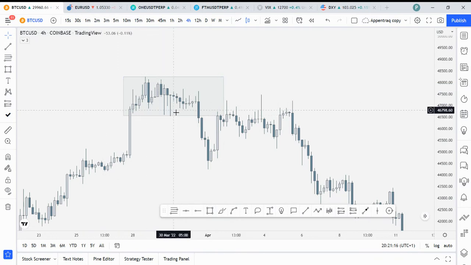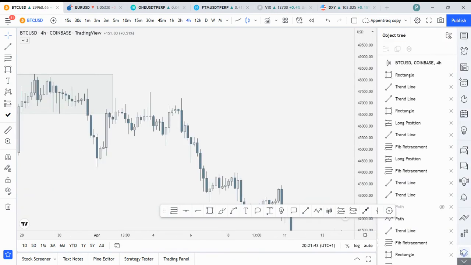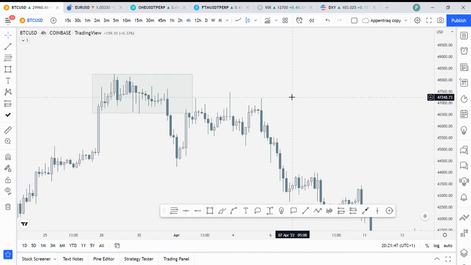You can see that price was ranging between these points, just going up and down, and then all of a sudden there was an aggressive move out of it. Immediately you see this aggressive move, that is really what validates this area as the supply zone. So this is a typical example of a range created supply zone.